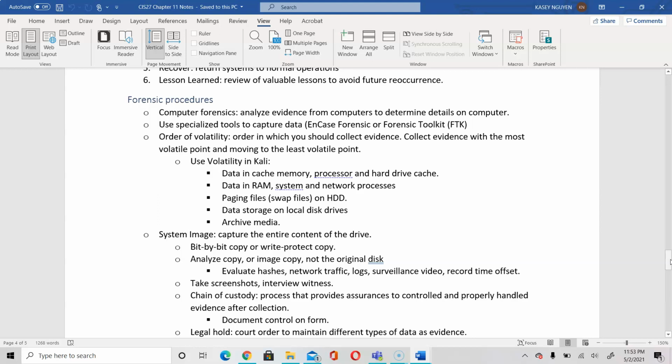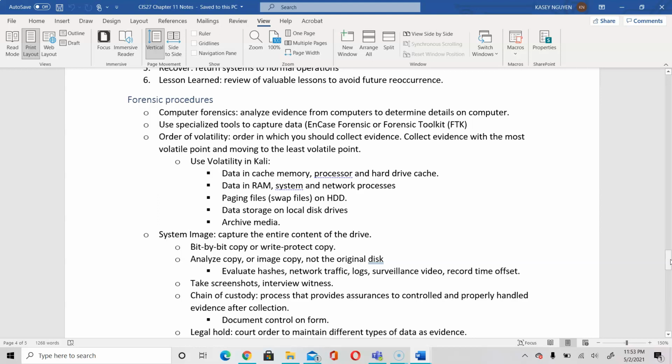Order of volatility is the order in which you should collect evidence, and collecting evidence requires different steps, whether it's coming from a hard drive, from network capture, or from mobile devices. Collect evidence starting with the most volatile point and moving to the least volatile point.